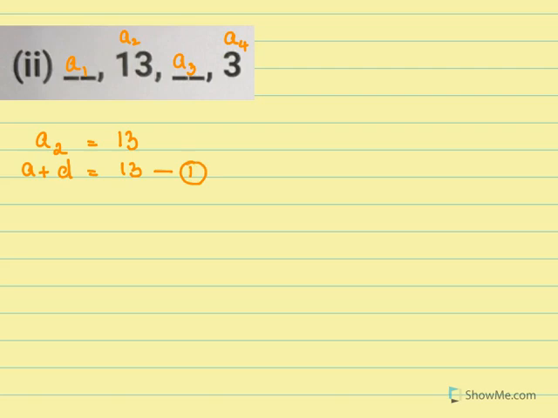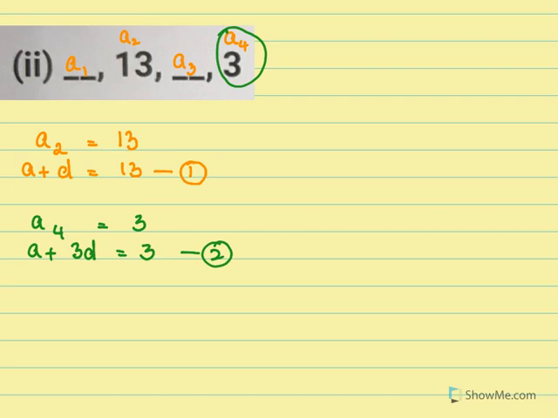So I put this as equation 1. Now I need another equation. The next equation I'm going to get from here, which I would write, A4 is 3. Now what is A4? A plus 3D equal to 3. This is my equation 2.